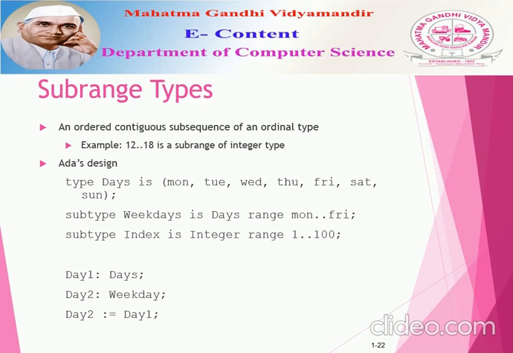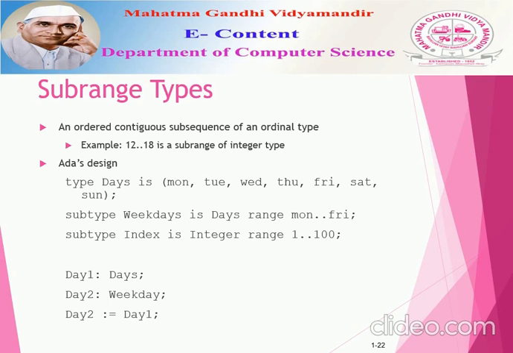Then we will move ahead to subrange types. Subrange types were introduced by Pascal, and they are also used in the Ada language. A subrange type is an ordered contiguous subsequence of an ordinal type.